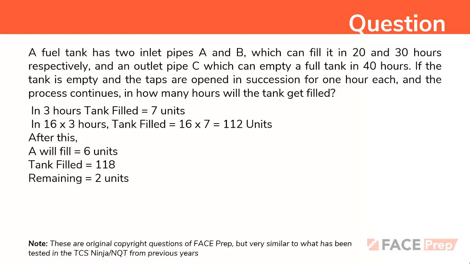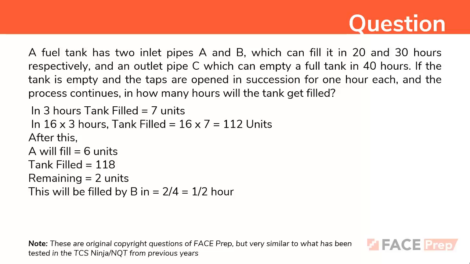Just 2 more units need to be filled, and that will be filled by B. B's efficiency is 4, and 2 units have to be filled, so it will be 2 by 4, nothing but 0.5 hour to fill. Only in half an hour the tank will reach full capacity. The question is just how many hours it takes to fill.